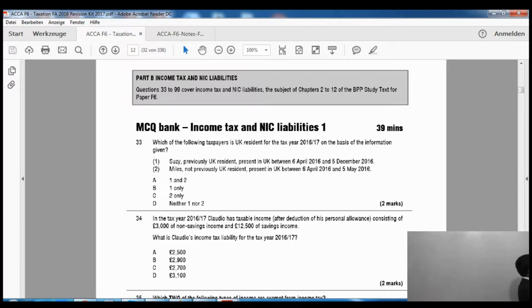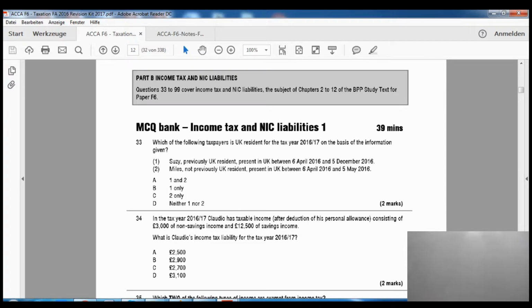Now £3,000 of non-savings income will be taxable at the rate of 20%, which means £600, and then the £12,500 of savings income. Because she is a basic rate taxpayer, she will get £1,000 worth of nil rate band as well, and she will also get £2,000 of starting rate band, because we only got £3,000 worth of non-savings income, right?